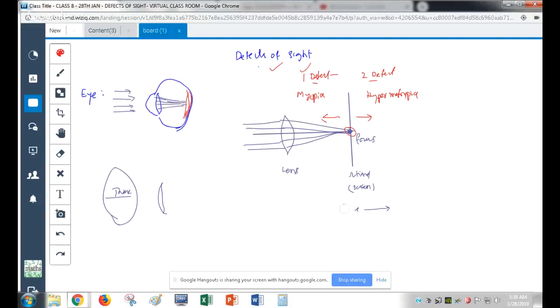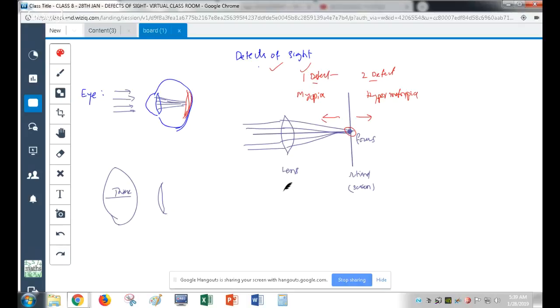So how are these defects? This myopia: whoever has a problem where the focus changes to before the retina, they are called myopic persons. We call it a myopic eye.